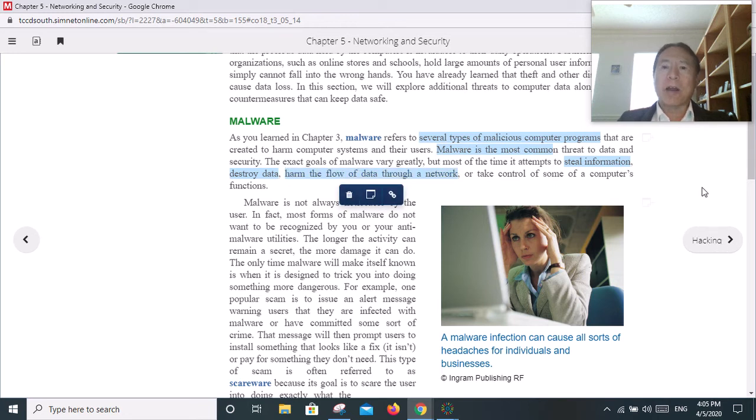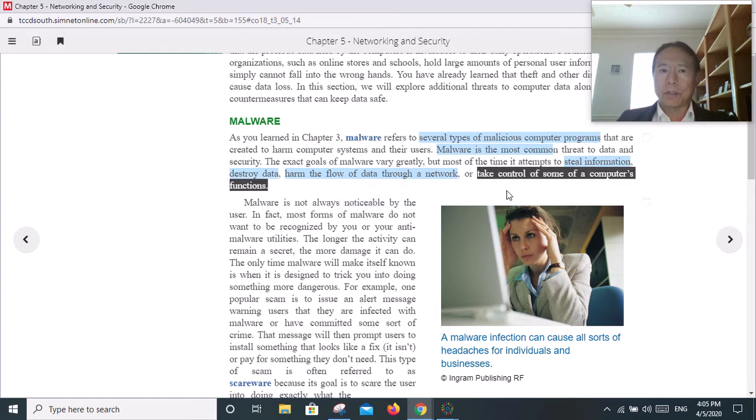They can try to use your network to attack other computers. And the last one is to take control of some of the computer functions. With that, they can actually hijack your computer to conduct a hacker's attack on a website. So there are many problems you can have here.